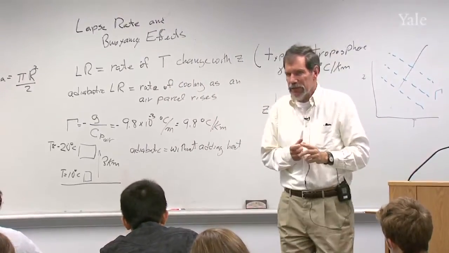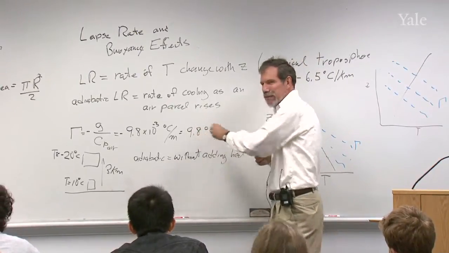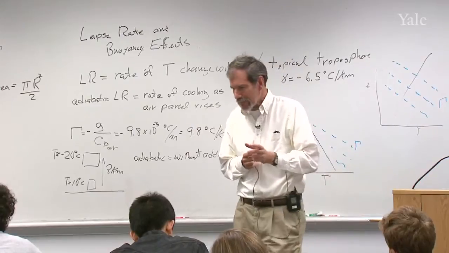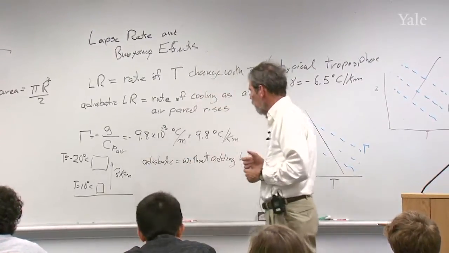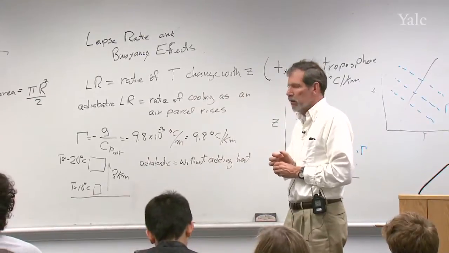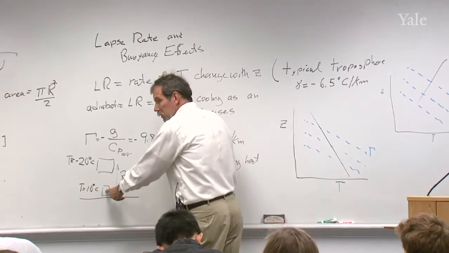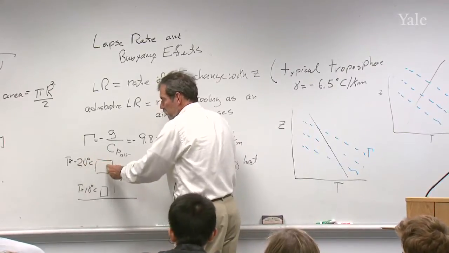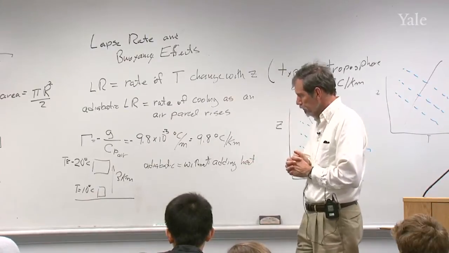Please, I would ask you not to do that rounding in your problem sets. Let it be 9.8, not 10. But for the purposes of illustration, it's going to cool by approximately 30 degrees Celsius. It starts at 10, so it's going to be minus 20 Celsius when it gets to 3 kilometers.